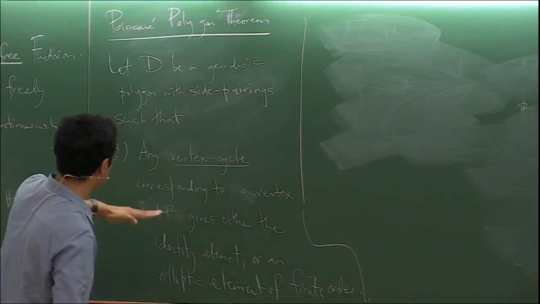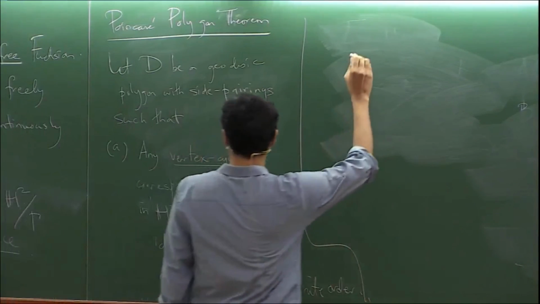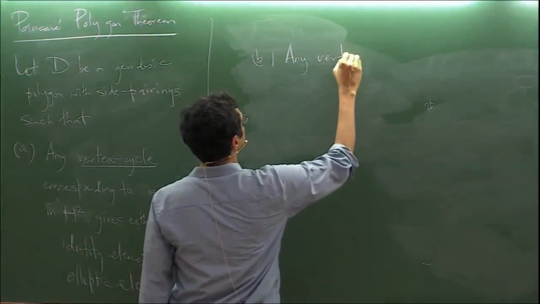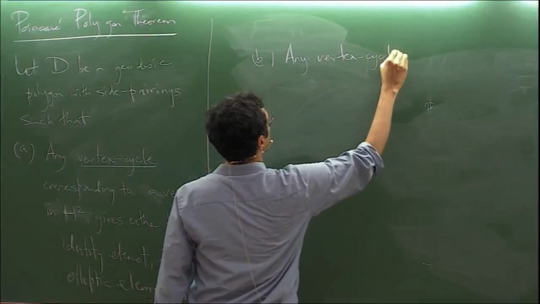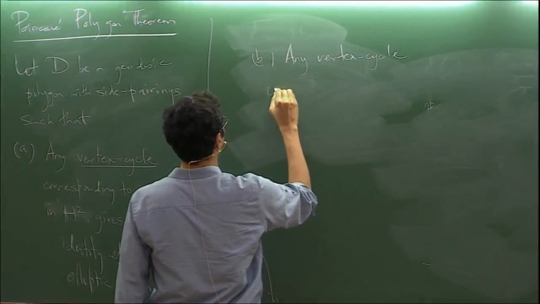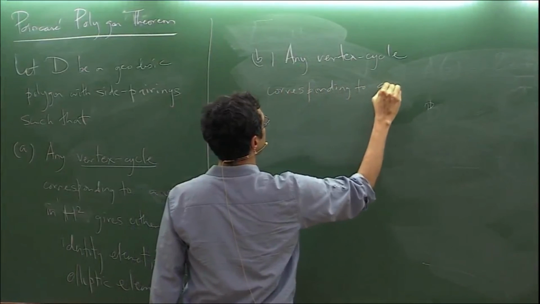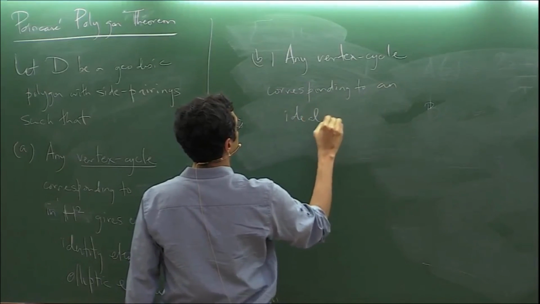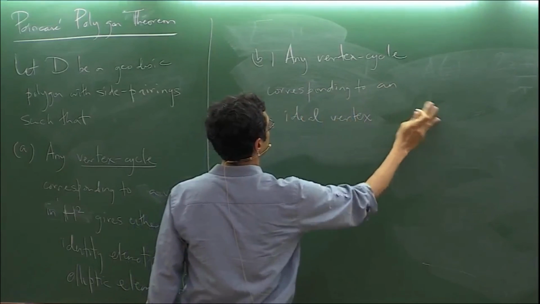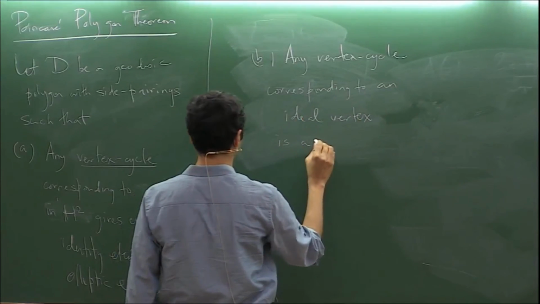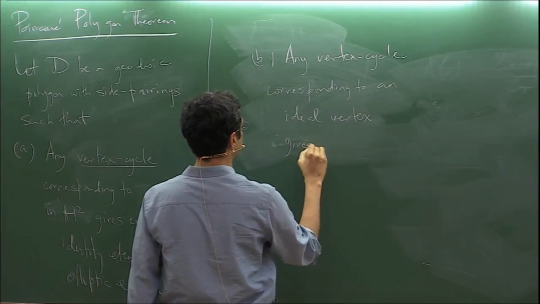Let me write it down and then I'll say what a vertex cycle is. And B: any vertex cycle corresponding to an ideal vertex gives a parabolic element.